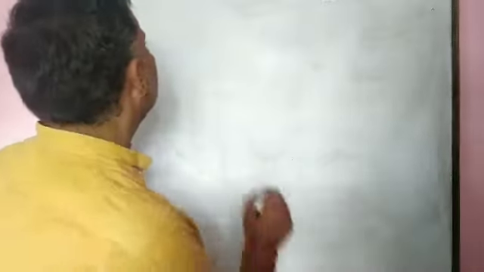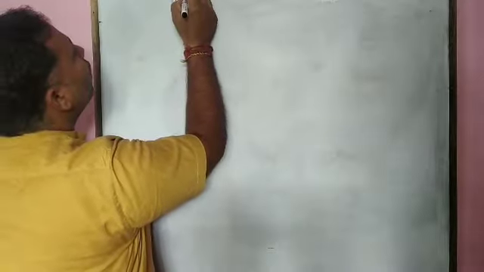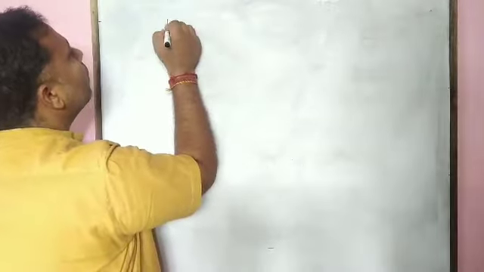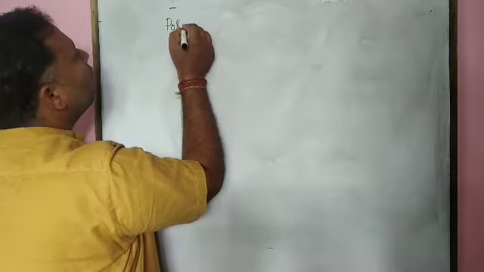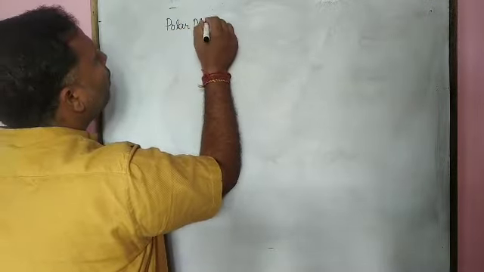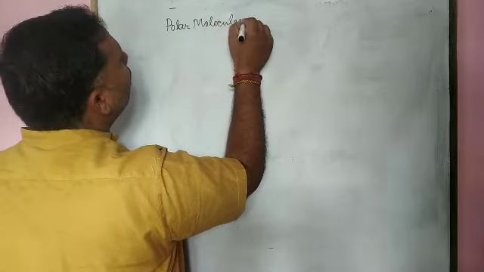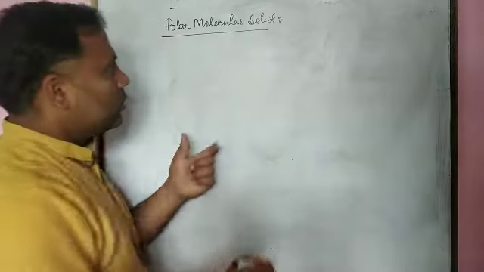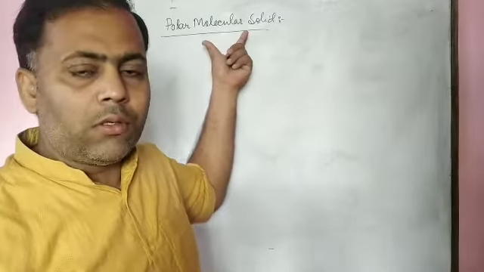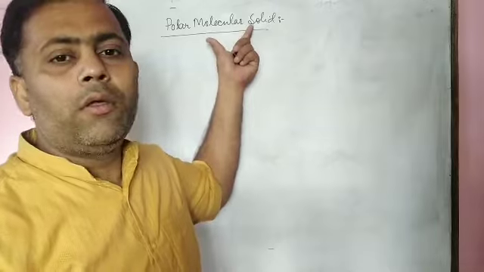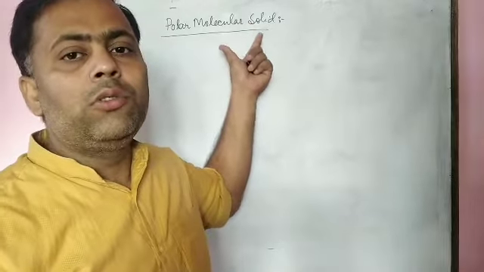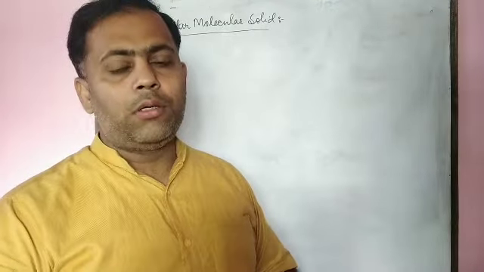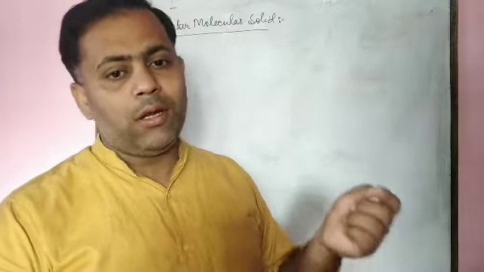The next we will discuss polar molecular solids. This solid comprises of those molecules which are formed by covalent bond, but due to greater electronegativity of one of the participating atoms, the bond becomes polar in nature.